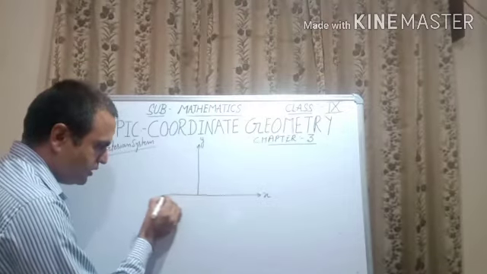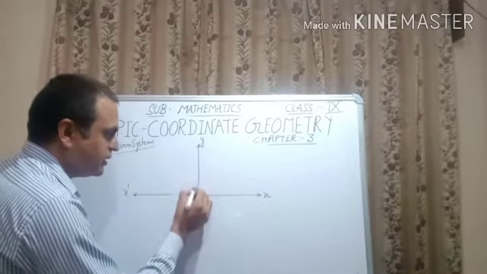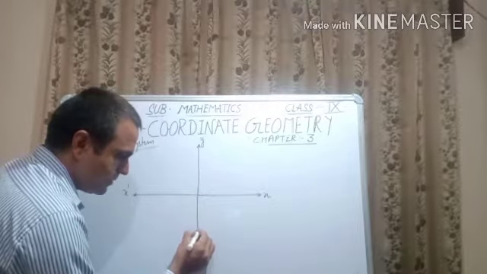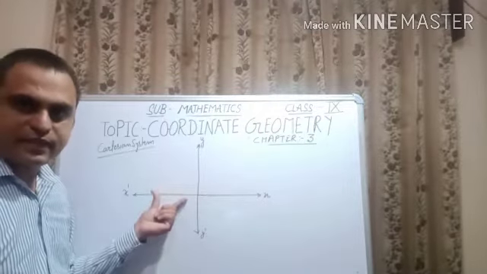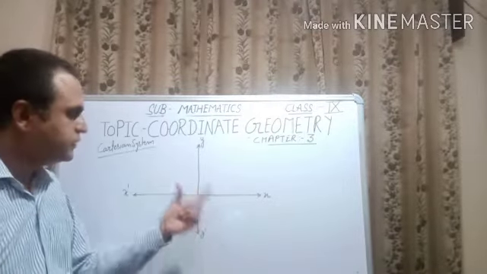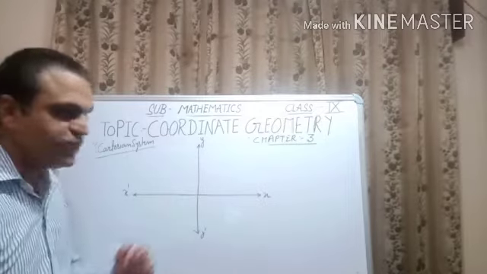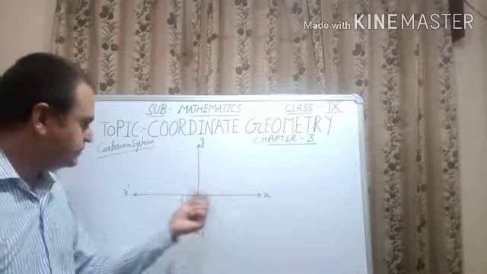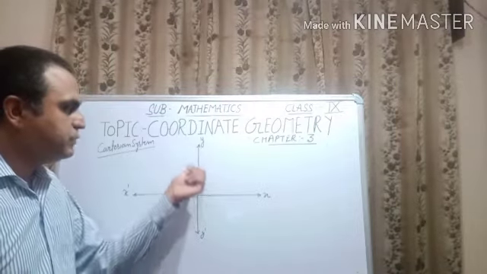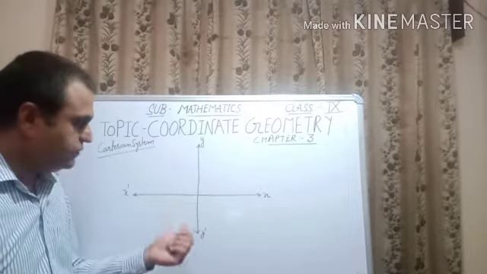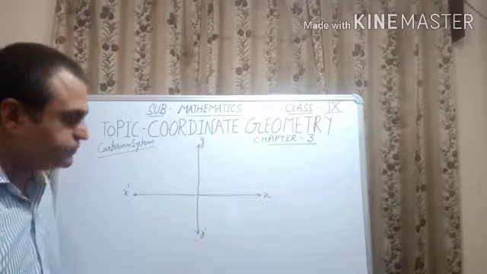If I draw a horizontal line as x and x dash and a vertical line as y and y dash, the horizontal line x x dash is called the x-axis and the vertical line y y dash is called the y-axis. Here the value of x is positive and on x dash the value of x is negative, and in the upper portion the value of y is positive and at the bottom the value of y dash is negative.